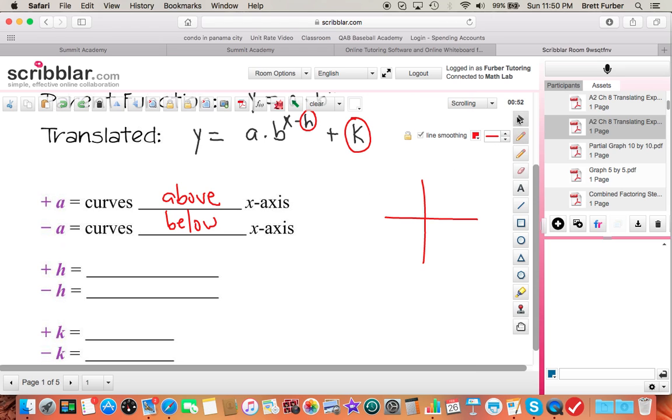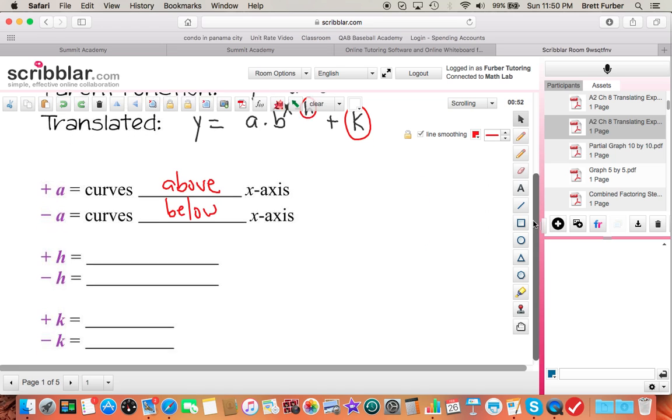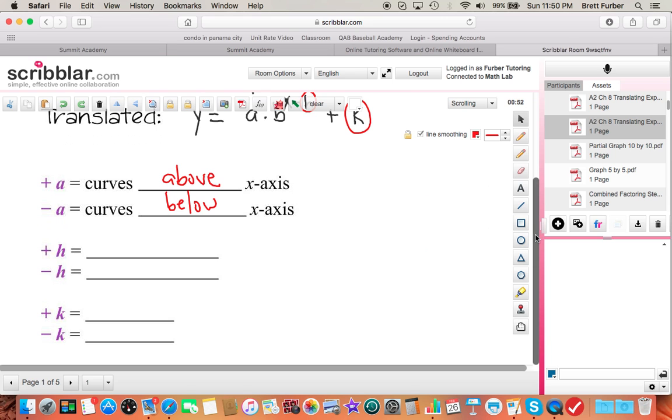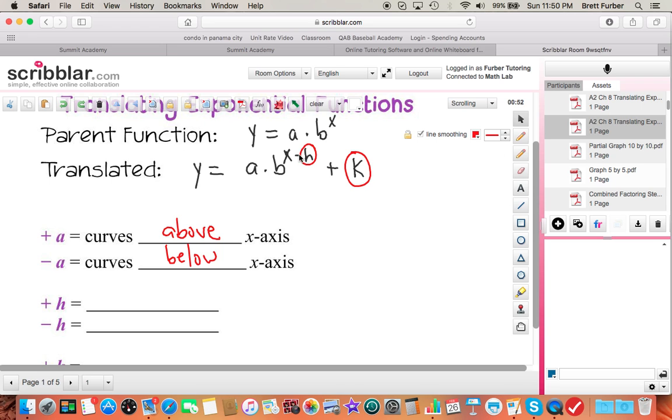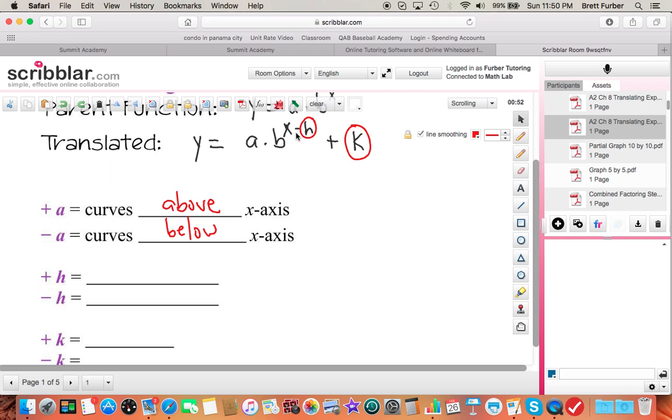Okay, so let's look at the h and the k, which is really what we want to pay attention to because most of our problems are going to involve an h and a k. The normal function involves a minus h. So if this became a plus h, then that means that the value of h originally was a negative, so we would have to move to the left.